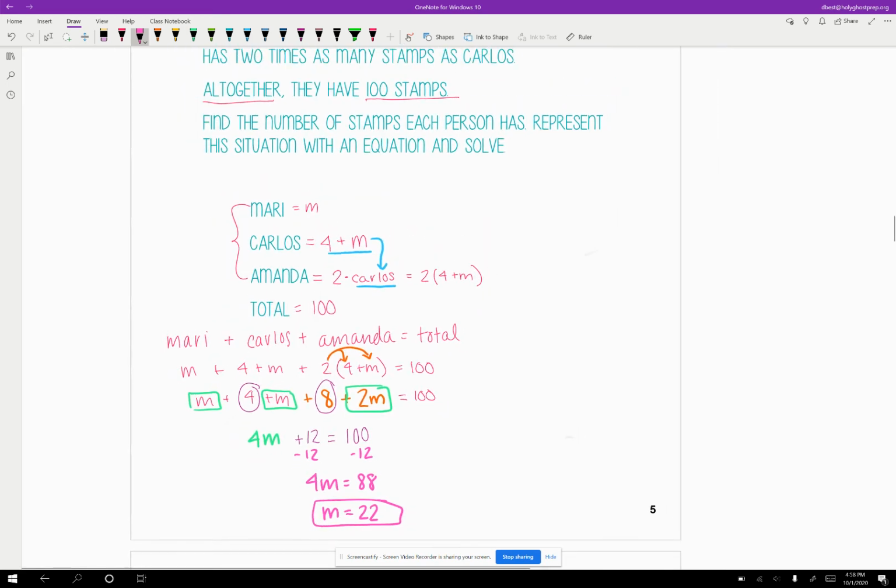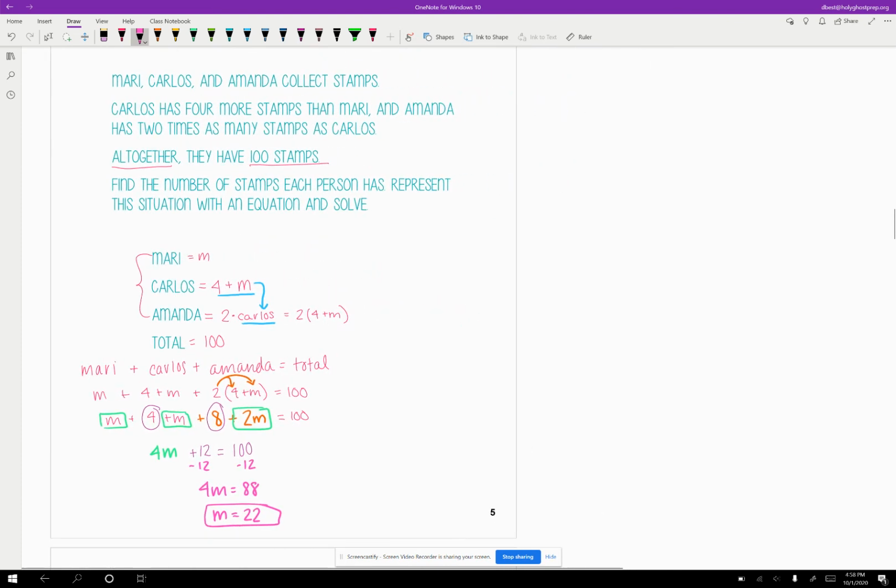Now I want to go back to my question and figure out what I actually just solved for. All I know is that Mari has 22 stamps. I only solved for Mari. But I want to know how much for each of them, so I'm going to plug that 22 in. For Carlos, I'm really doing 4 plus 22, for a total of 26.